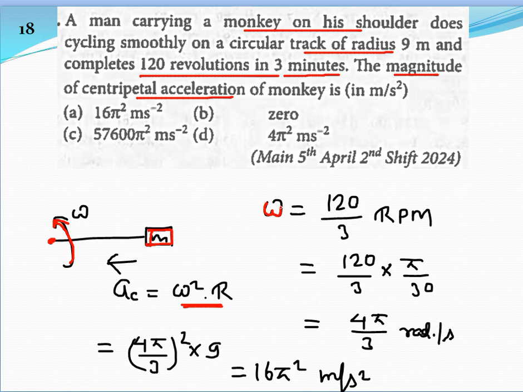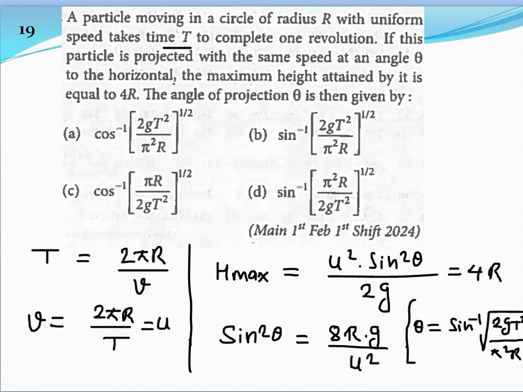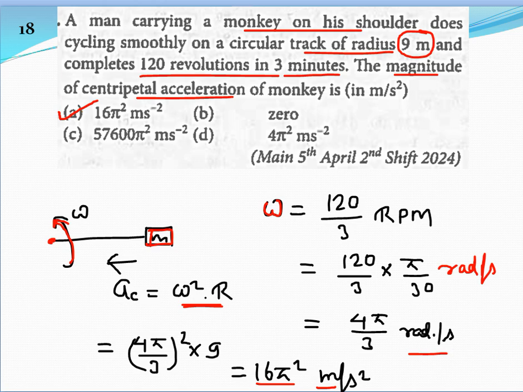For that, we must know omega and r. R is already given, 9 meter. We will calculate omega, which is given 120 by 3 rpm. Just changing it into radian per second by multiplying pi by 30, we get omega 4 pi by 3 radian per second, and AC equals omega square into R. Putting the value, 16 pi square meter per second square. So the answer is option number A.